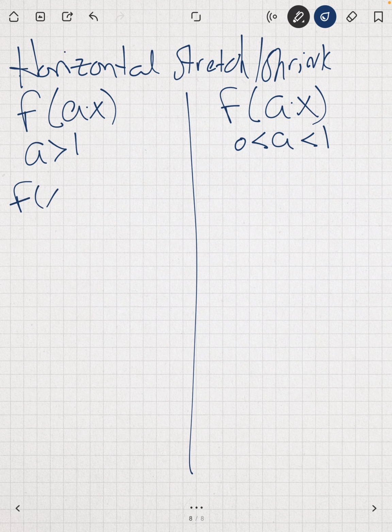if f of x equals, the square root's getting a lot of work, so let's go ahead and use the absolute value of x. g of x equals the absolute value of 2x.